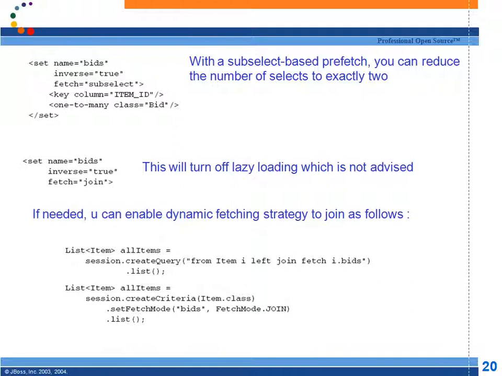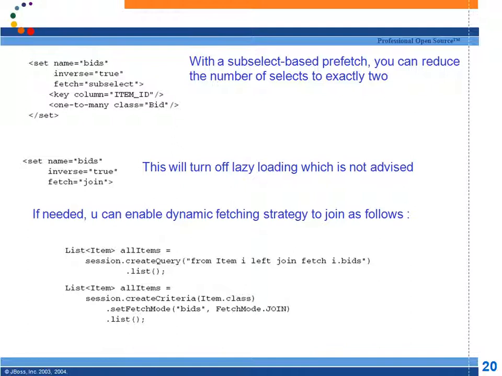So the number of queries is reduced to 2. Earlier it was n plus 1. Now, using fetch equals subselect, the number of queries is reduced to 2, right? And if I say fetch equals join, it will join the two tables, just like eager fetching, right?